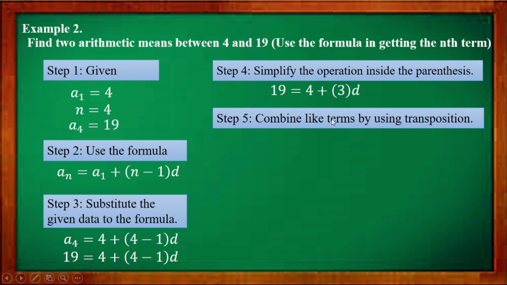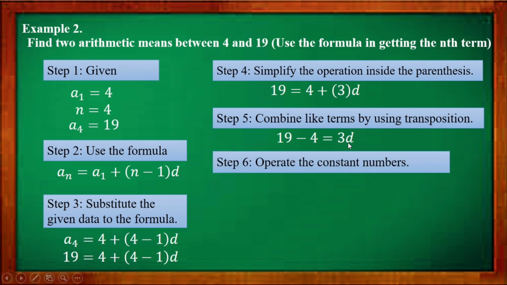So we are going to combine them, and for us to combine those terms, we are going to do the process of transposition. From positive 4, if we transpose this number to the other side, it will become negative 4. That is why we will have 19 minus 4 equals 3d.